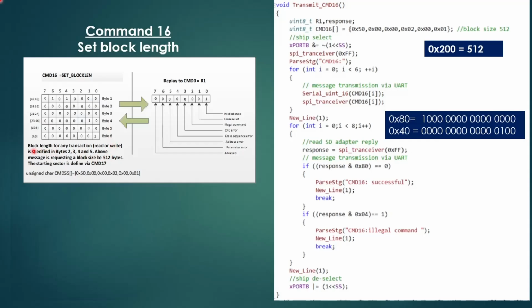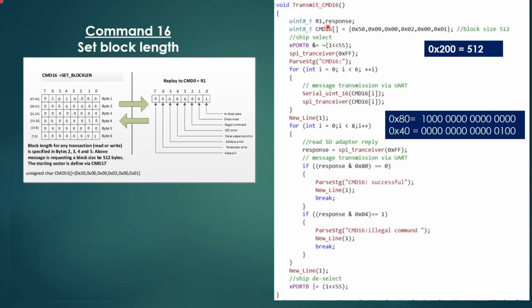What this basically says is that bytes 2, 3, 4, and 5 are the ones that have the argument, and the way they have it set up here is to request a block size. It's going to define, I should say, a block size of 512, and I'll show you how that's done here.